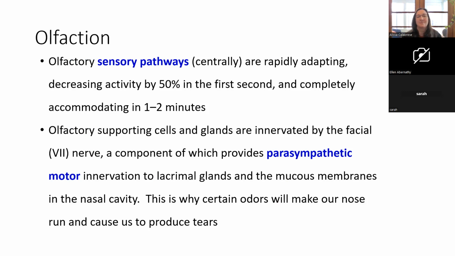You stop smelling a thing after you've smelled it for a certain amount of time. It's just too much processing information for your brain. Brain already knows it's there. You stop smelling it. So that's a rapidly adapting pathway. Now, if you were to leave the room and go back in, you would smell it again. But if you've just been exposed to the same smell after several minutes, usually the pathway adapts and you're no longer aware of it.